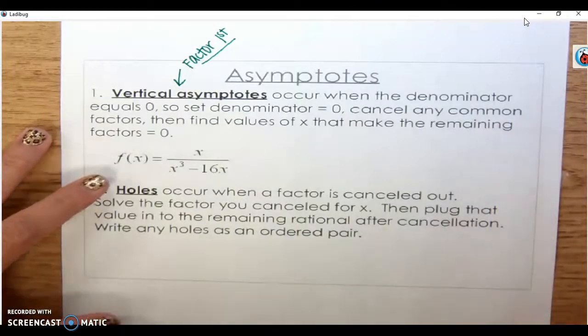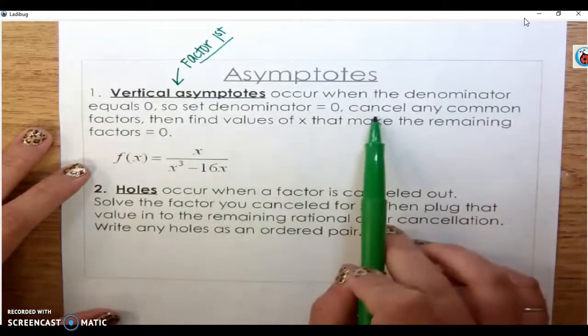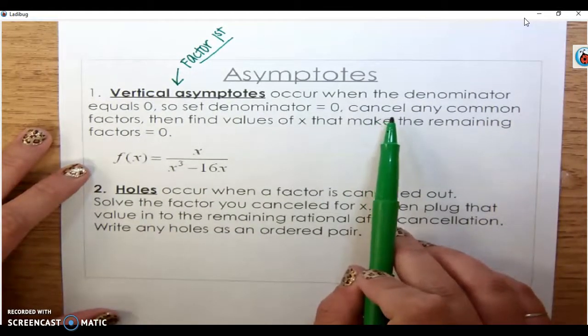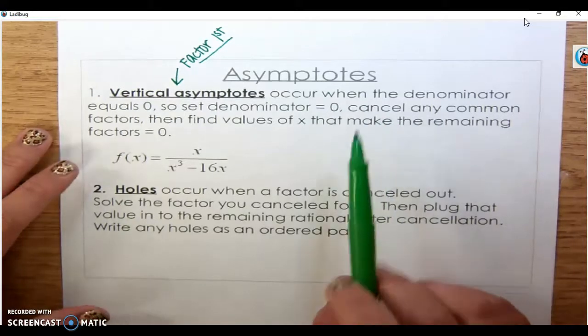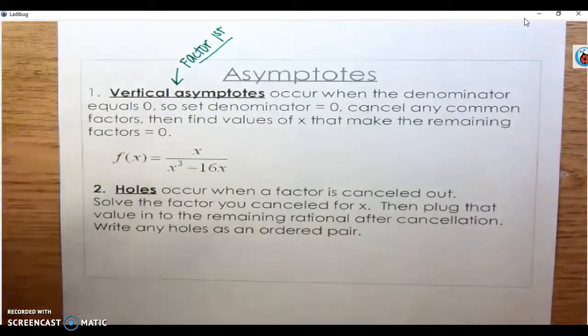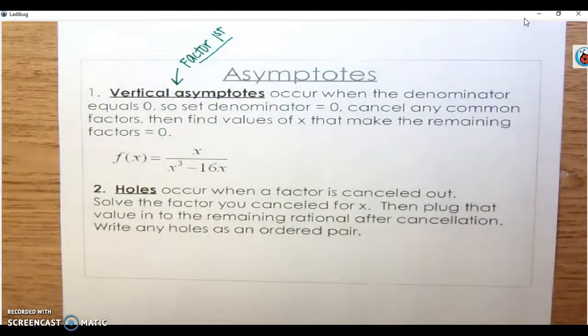Then cancel out any common factors, and then we're going to find the values of x that make the remaining factor 0. So, in simpler terms, we are going to factor our rational function, cancel out anything that is the same in the numerator and denominator, and then whatever is left in the denominator, we set those factors equal to 0, and those are your vertical asymptotes.